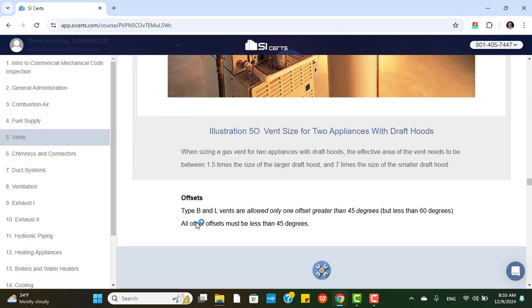Offset. Type B and L vents are allowed only on offsets greater than 45 degrees but not less than 60 degrees. All other offsets must be less than 45 degrees.